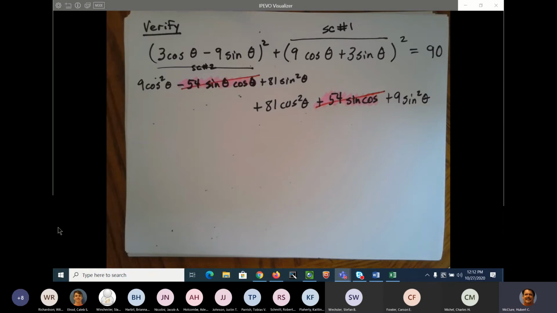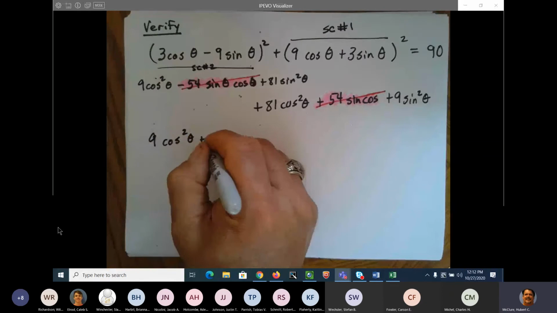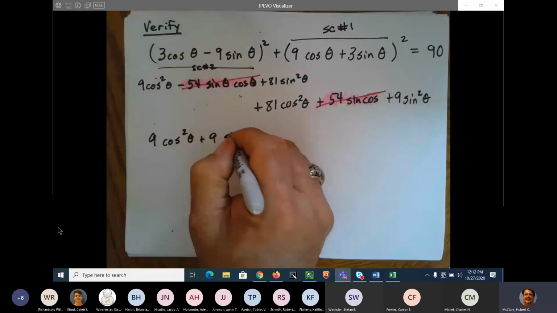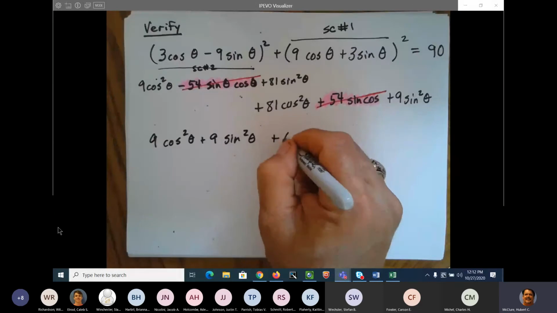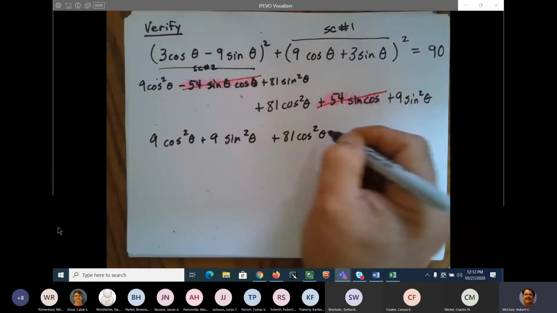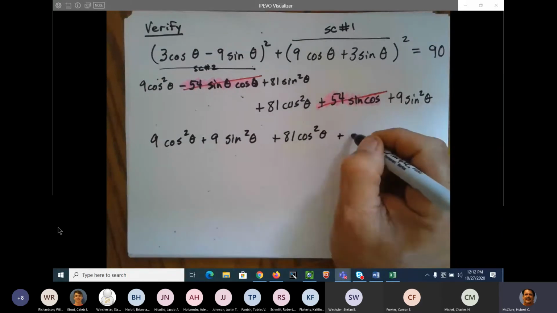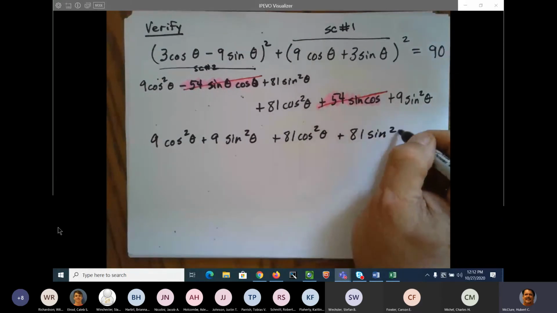So that's going to leave me with, I'm going to group them together with the coefficients. So that'd be 9 cosine squared theta plus 9 sine squared theta plus 81 cosine squared theta plus 81 sine squared theta.